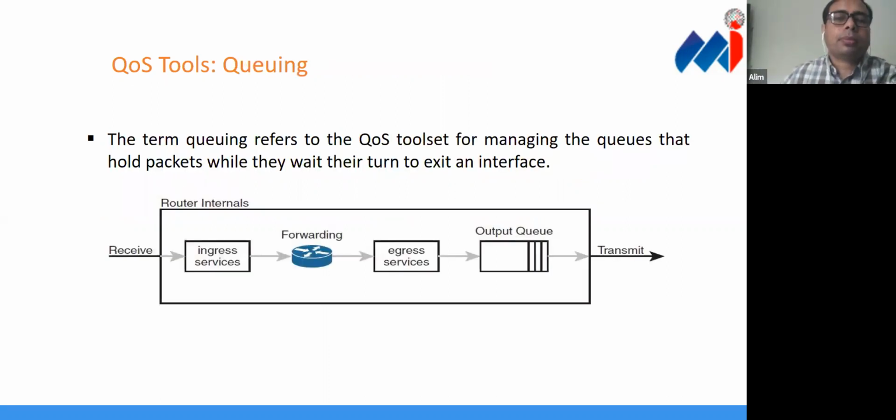Another technique QoS uses is queuing. You know that when packets are coming to a router, it cannot process every packet at a time.